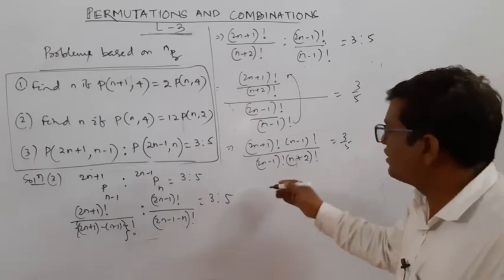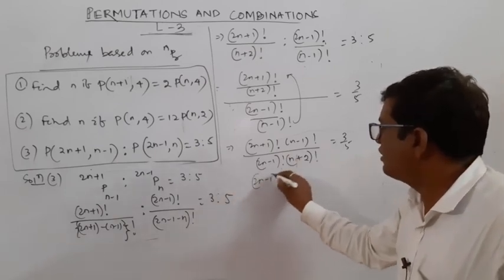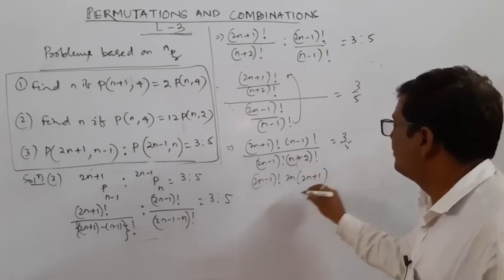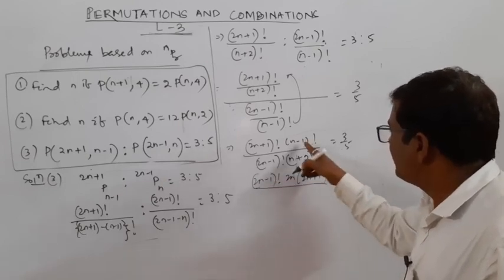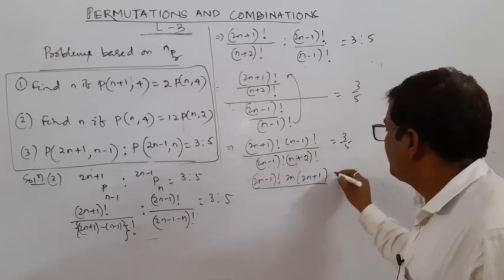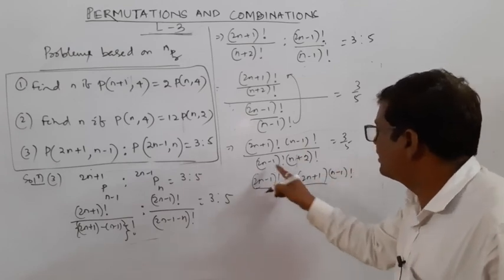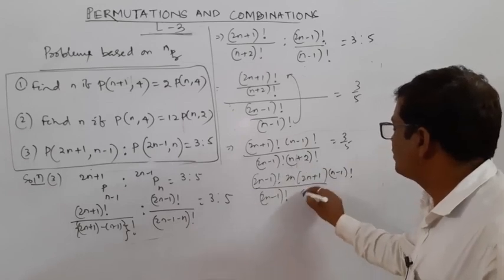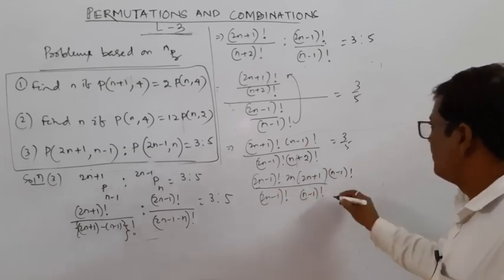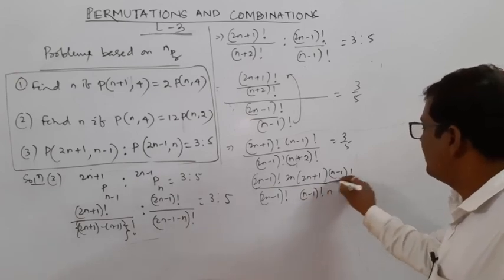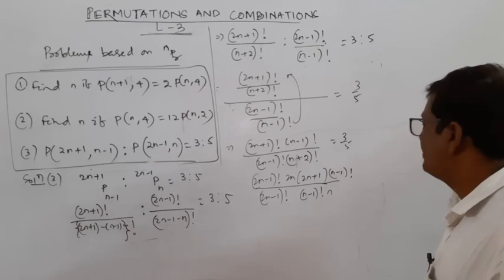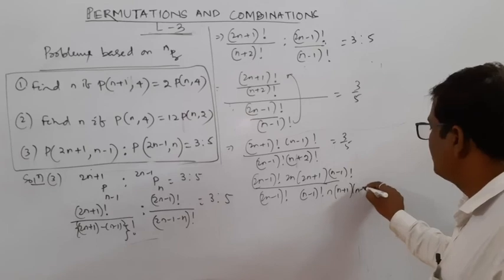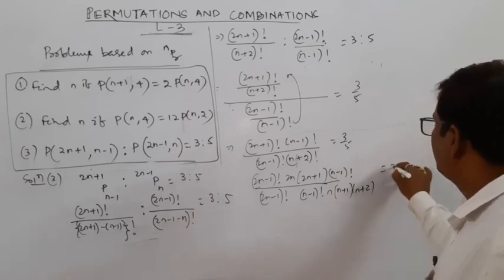So break the greater term: (2n−1) factorial into 2n into (2n+1), divided by, here this one is smaller, (n−1) factorial into (n+1) into (n+2) is equal to 3 by 5.